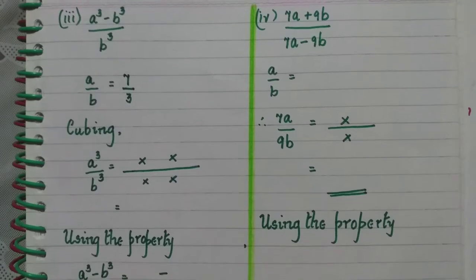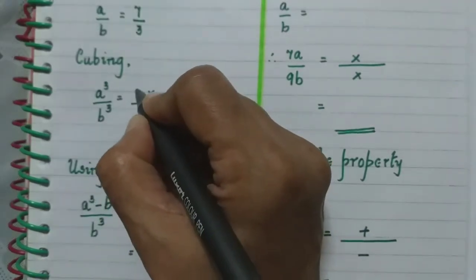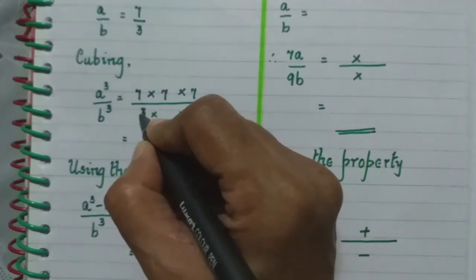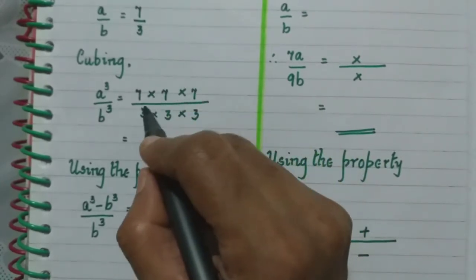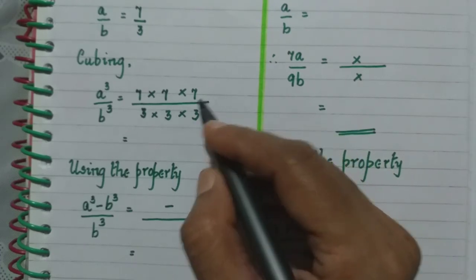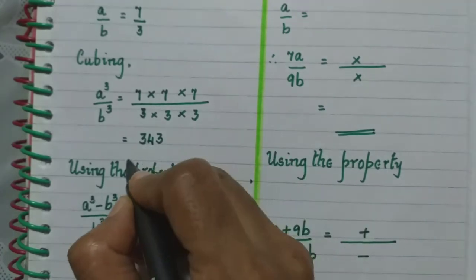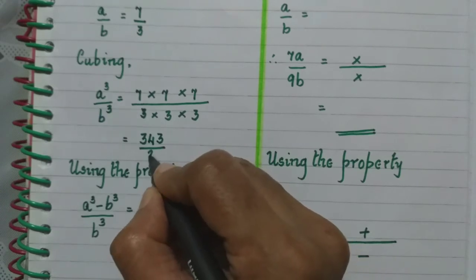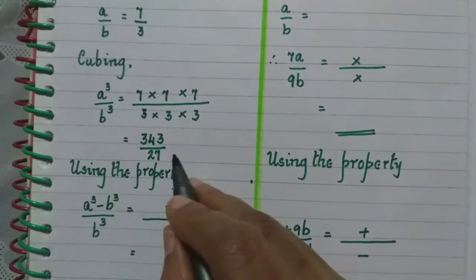Now I have to cube 7 and 3, that is multiplying 7 into 7 into 7 upon 3 into 3 into 3. Now 7 into 7 is 49. 49 into 7 is 343 upon 3 into 3 is 9. 9 into 3 is 27.